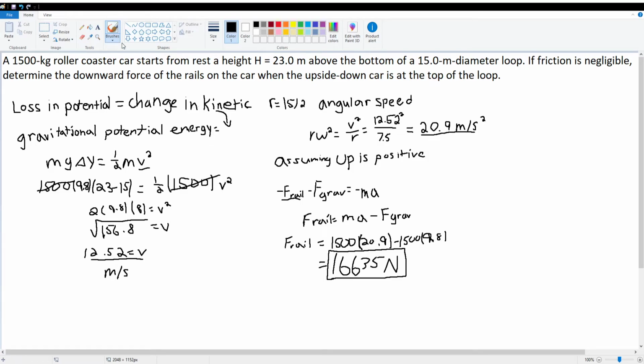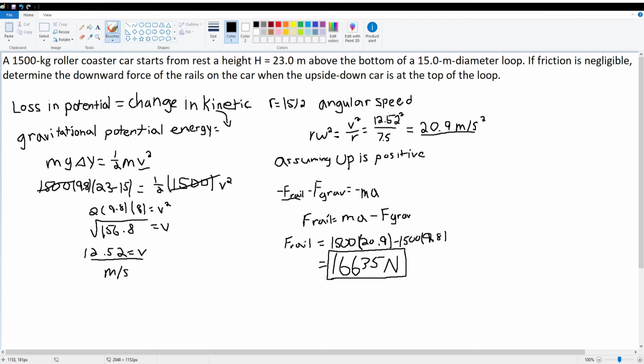So now we needed the velocity so we can find the angular speed, because we need acceleration for forces, because force is equal to mass times acceleration. So we find the acceleration using this formula, r omega squared, which is equal to velocity squared over r.